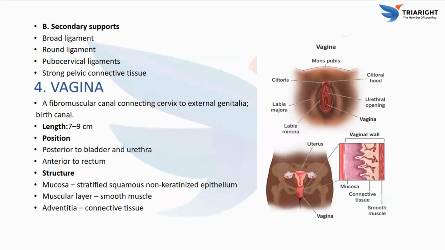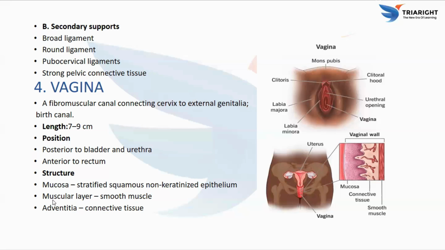So these are the functions of the vagina, and now the structure of the vaginal wall. The vagina has three layers. Mucosa, which is the inner lining, is made up of stratified squamous non-keratinized epithelium. This mucosa protects the vagina against friction. It has folds which allow stretching. It contains no glands; lubrication mainly comes from cervical mucus and transudation, which is the fluid seeping through the walls.